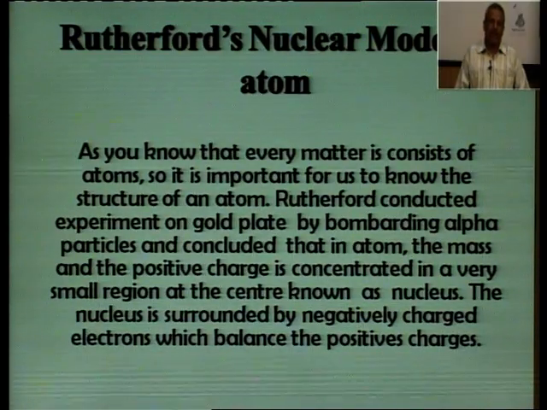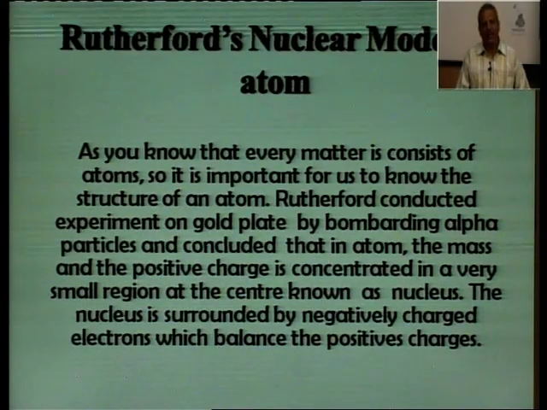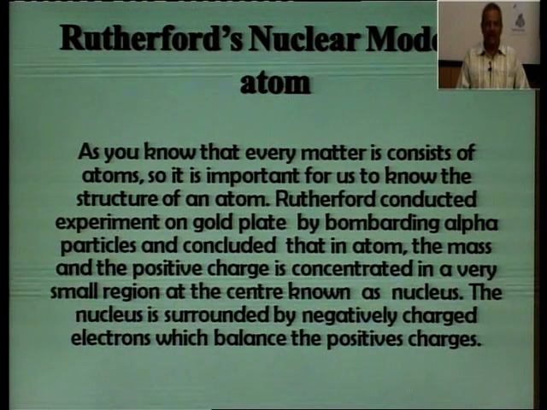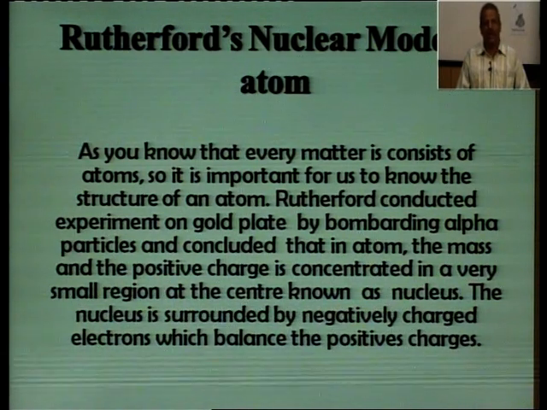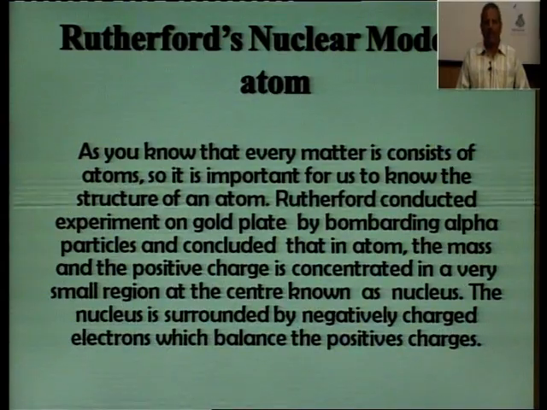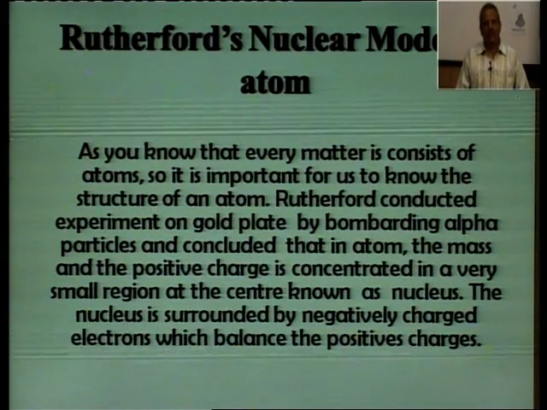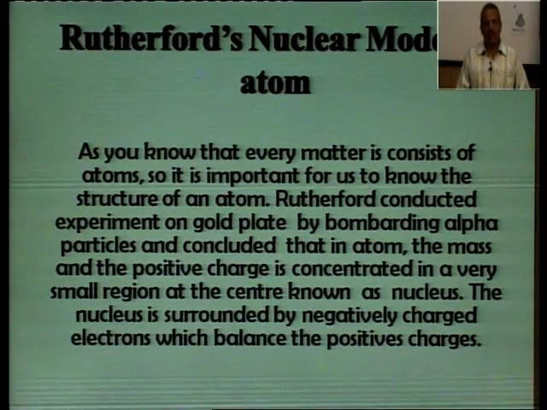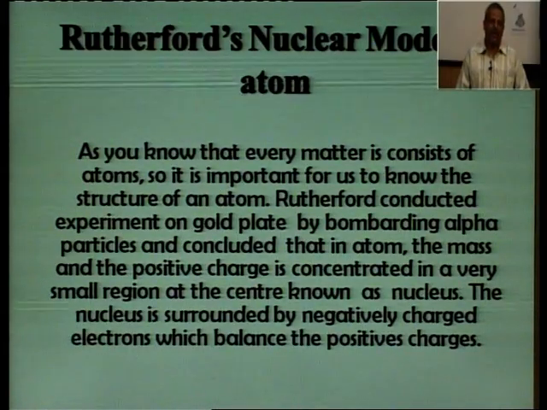After that Thomson proposed that atoms can be divided, and there are subatomic particles present in the atoms, that are electrons, protons and neutrons. They are present in the atoms like seeds in a watermelon.